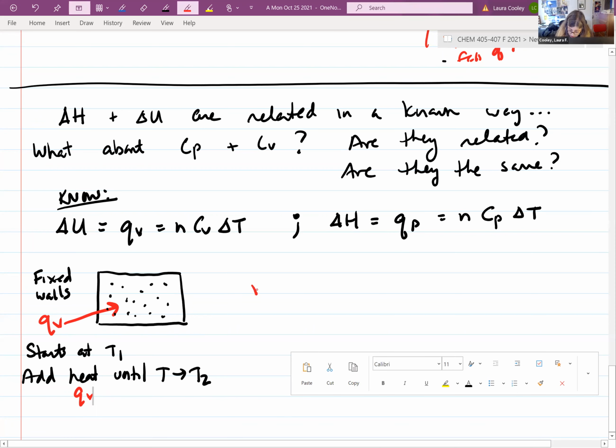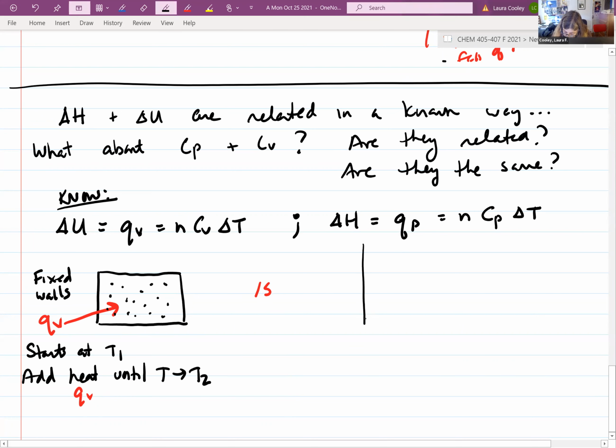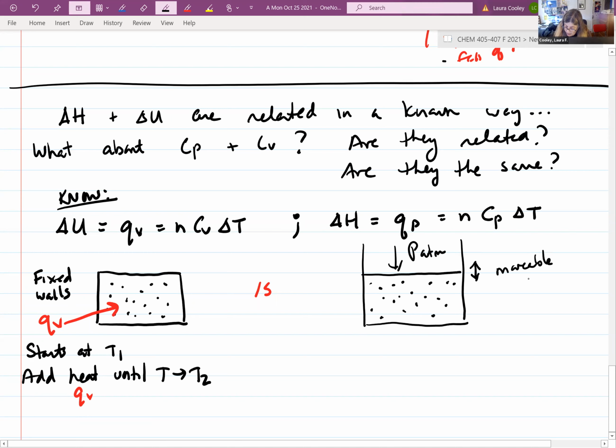Okay, and I'm going to contrast this with the situation where I don't have a constant volume container, I have a constant pressure container. So this is a movable wall, and it has, let's say, atmospheric pressure pushing on it like a piston. Okay, so now I'm going to do the same thing. It starts at T1.